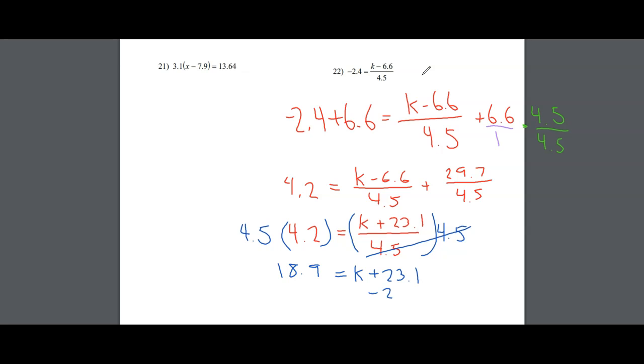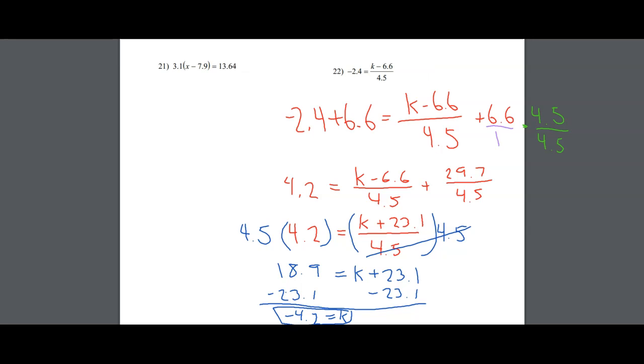If I subtract 23.1 from both sides, that is going to leave me with negative 4.2, which is what I got for k the first time I tried it.